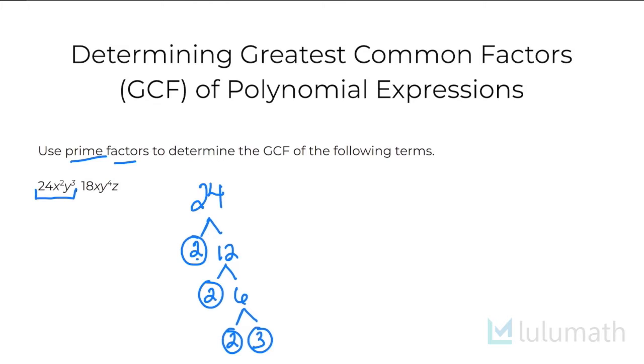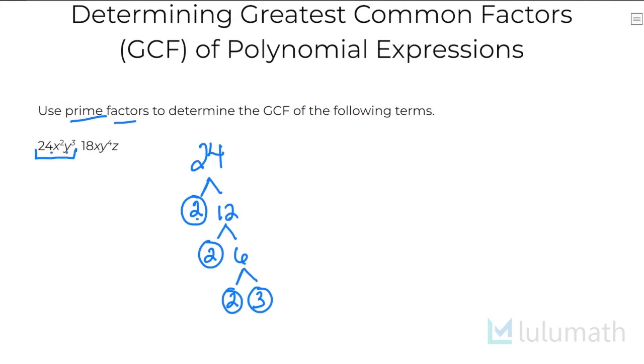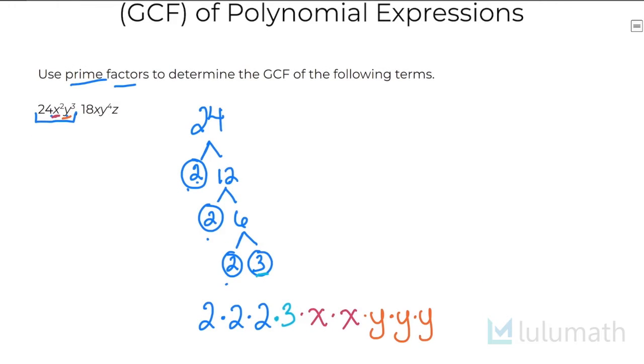So we can say that 24x squared y cubed is essentially 2 times 2 times 2, multiplied by 3, times x squared, which means x times x, and then y cubed, which means y times y times y. So this is what 24x squared y cubed is.